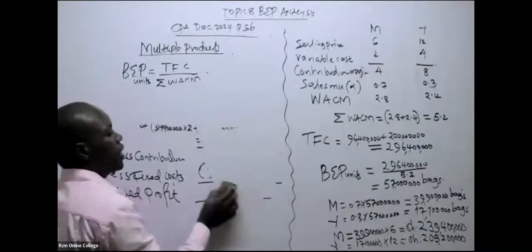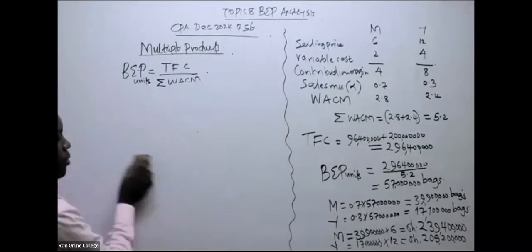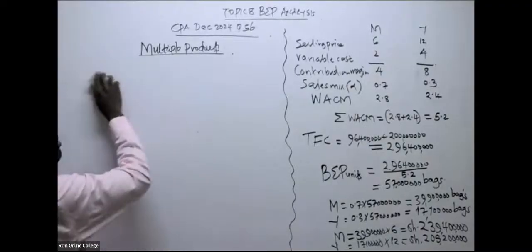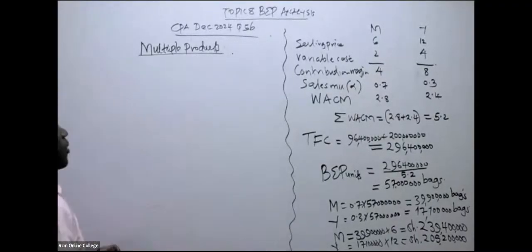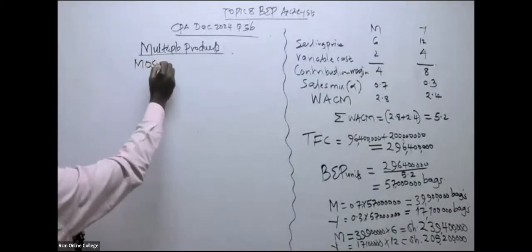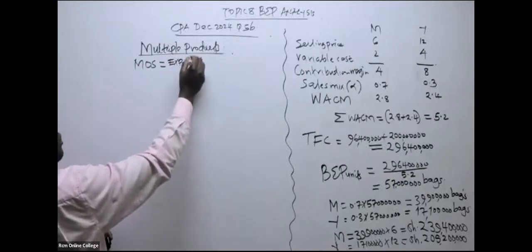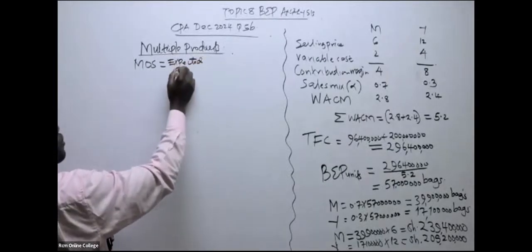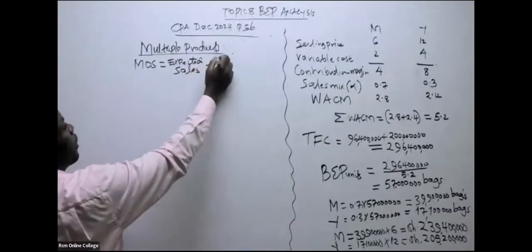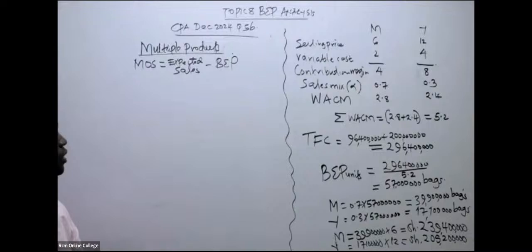Can we now go ahead and get what we call margin of safety? Margin of safety is equal to expected sales minus break-even point. It can be in units, it can be in shillings.